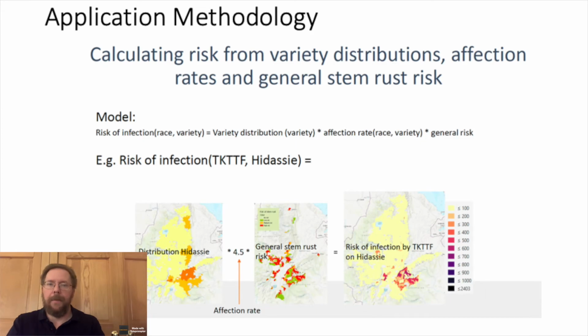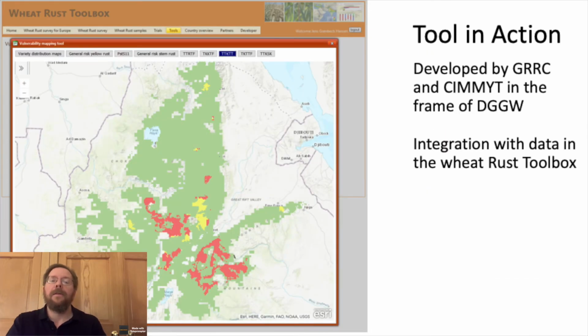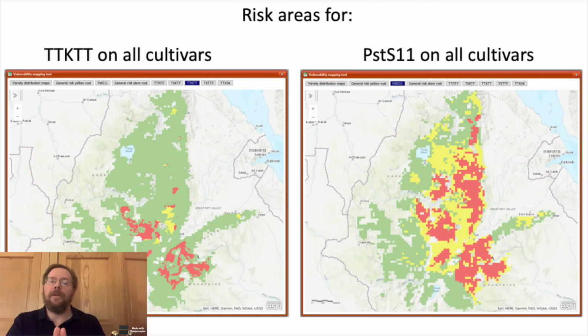Next slide. This is a collaboration between the GRRC, Cornell, and CIMMYT under the DGGW project. Next slide. This image on the left shows areas that are vulnerable for stem rust.